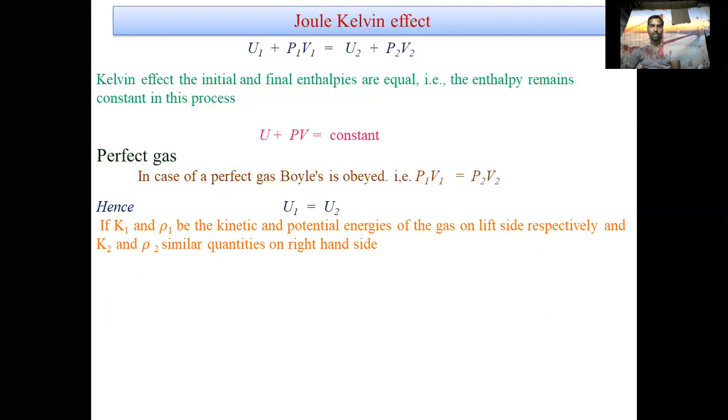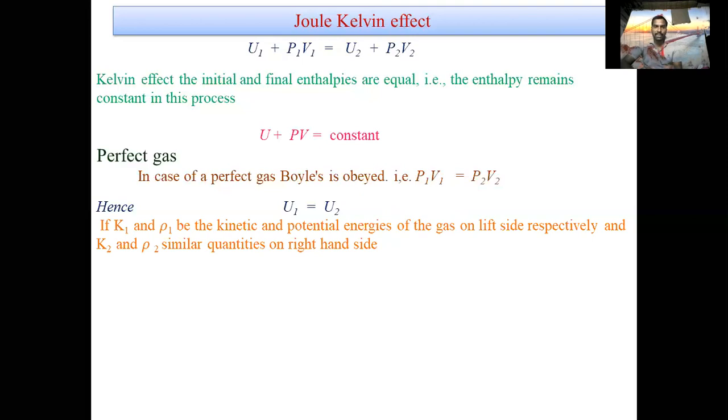How does the internal energy change? If K1 and ρ1 are the kinetic and potential energies for the left side chamber, and K2 and ρ2 are similar quantities on the right side chamber. Now P1 V1 is equal to P2 V2.